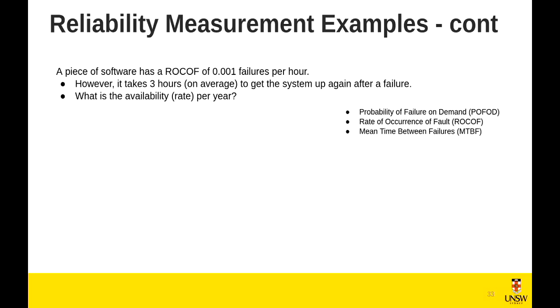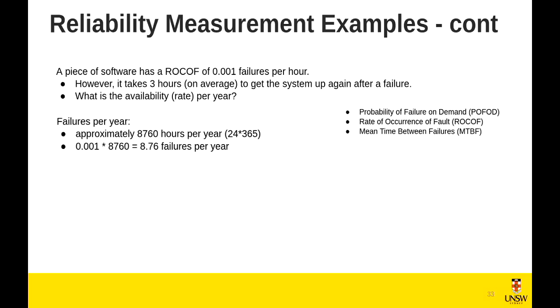This is not calculable by just thinking, but we can quickly do it on the slides. What we need to do is calculate the number of failures per year first. So we can use our ROCOF times the hours, because it has 0.001 failures per hour, and in 1 year we have 8,760 hours.